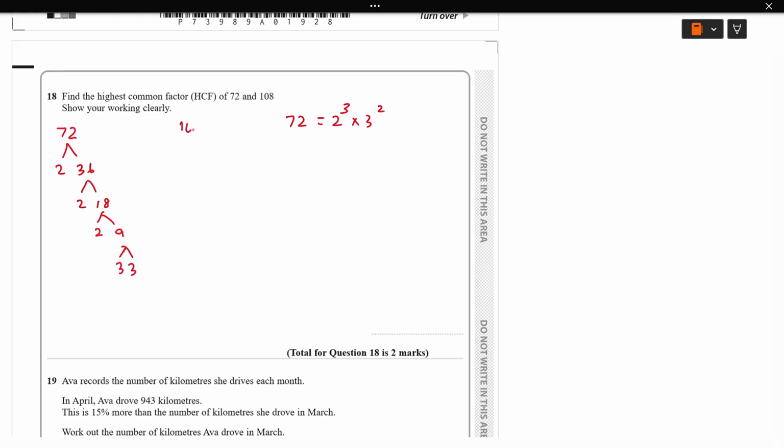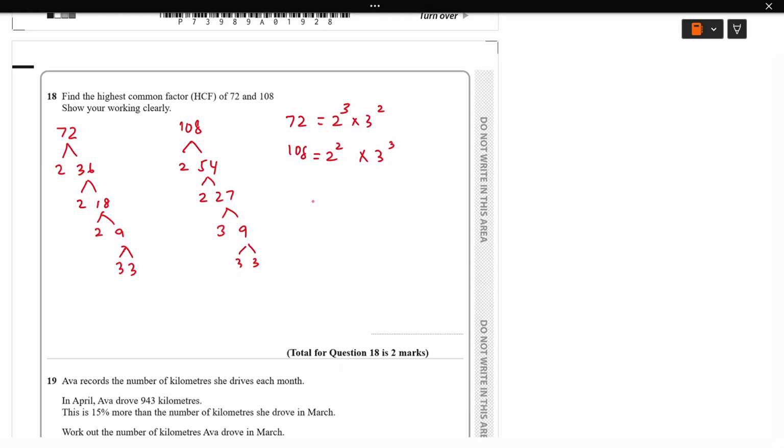Next, I'll go for 108 in prime factors. 2, then 54, 2, then 27, next 3, then 9, 3, then 3. So it's all prime numbers. 108 equals 2 squared times 3 cubed.